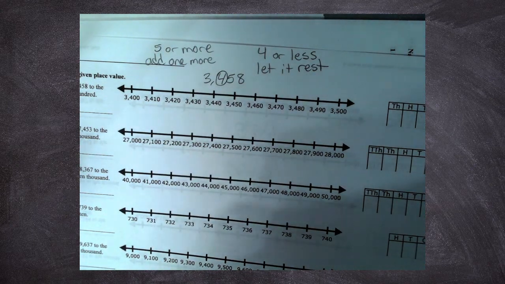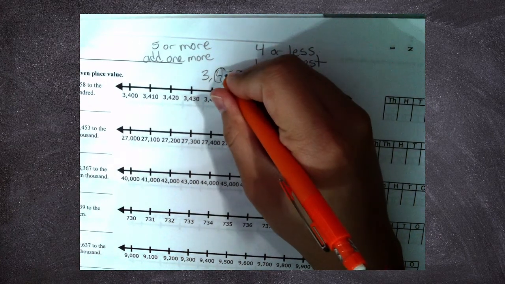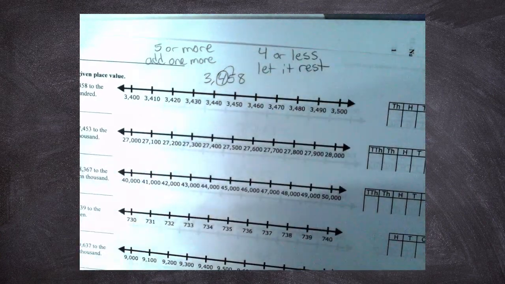So again, you don't have to round to the biggest place value. You can round to a smaller place value. But it still works the same. They told me to round to the hundreds place. I'm still going to check the neighbor. The neighbor to the hundreds place is a 5.